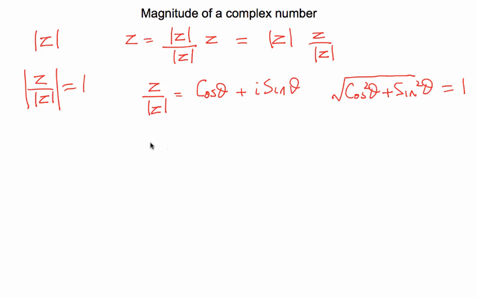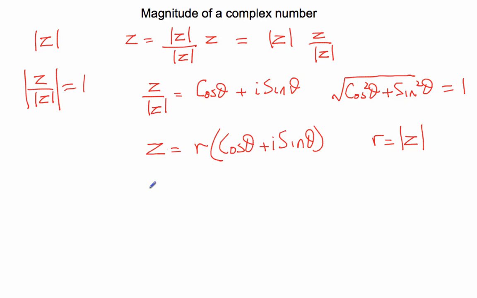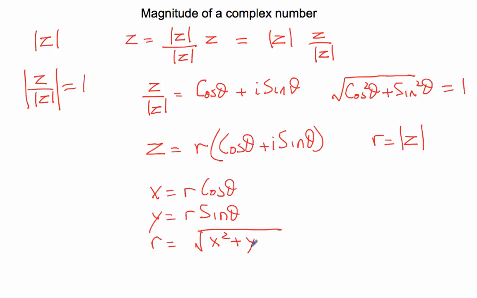More generally, you could write any complex number as z equals r times (cosine theta plus i sine theta), where this r is the magnitude of z. And so you could say that x is r cosine theta, y is r sine theta, and r is therefore the square root of x squared plus y squared.